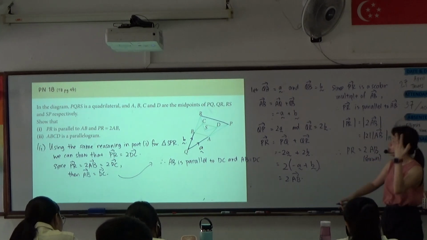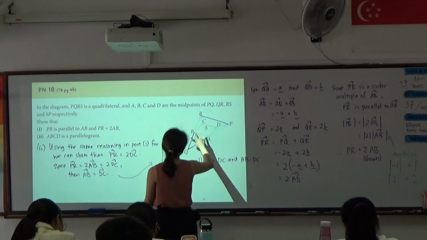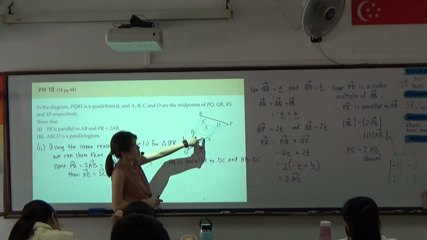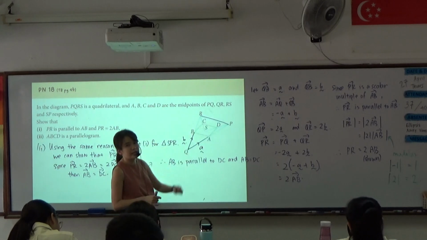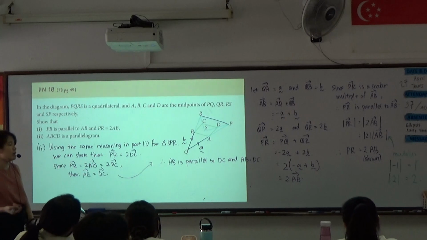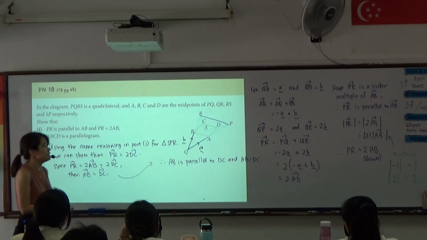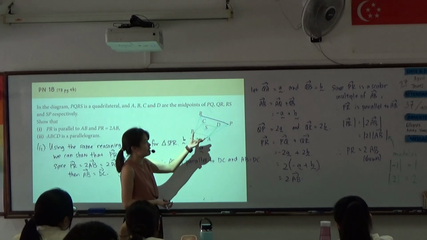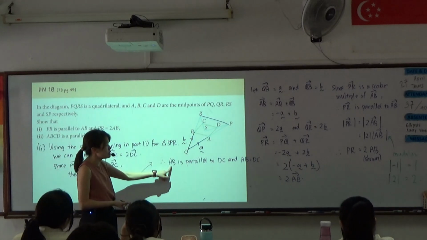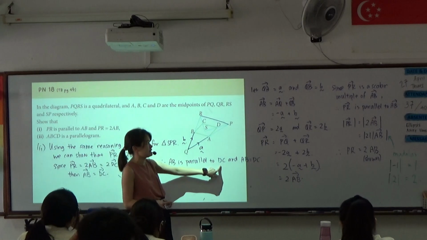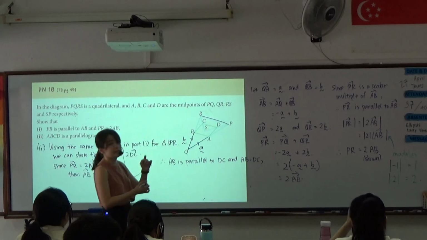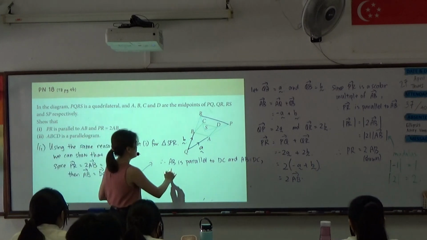So instead of proving two pairs of parallel lines, we have difficulties in proving that BC equals AD because of the lack of information. So an alternative way when it comes to proving a parallelogram is that if I have one pair of parallel lines and they are confirmed equal in length, which is what I'm doing over here, AB is parallel to DC and they are equal in length, we can conclude that ABCD must be a parallelogram.